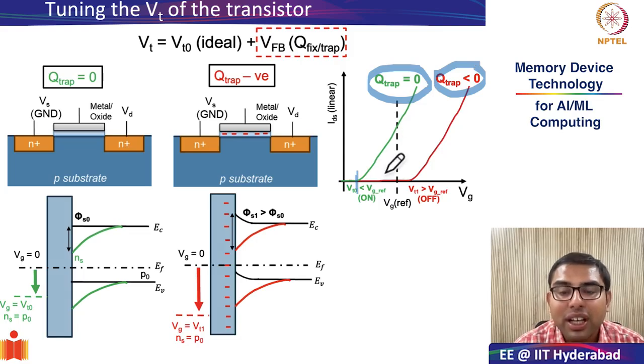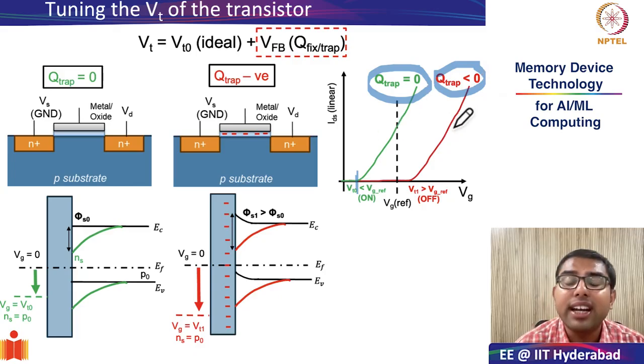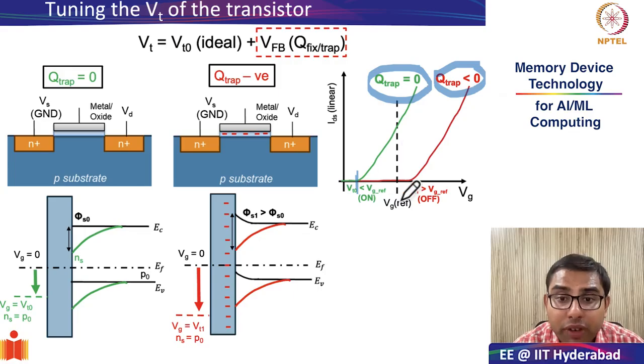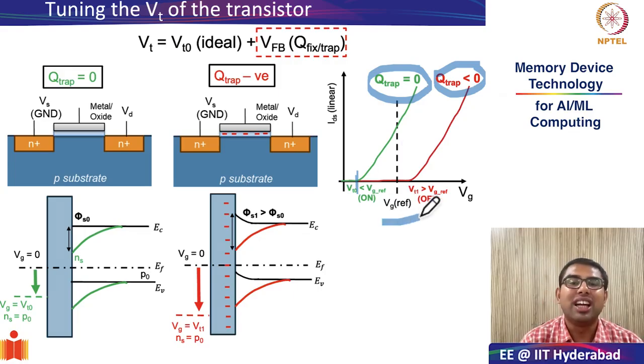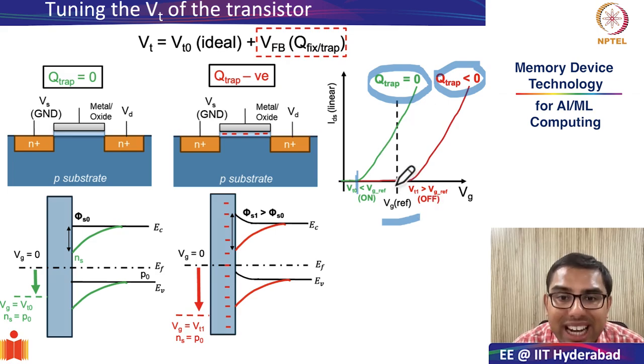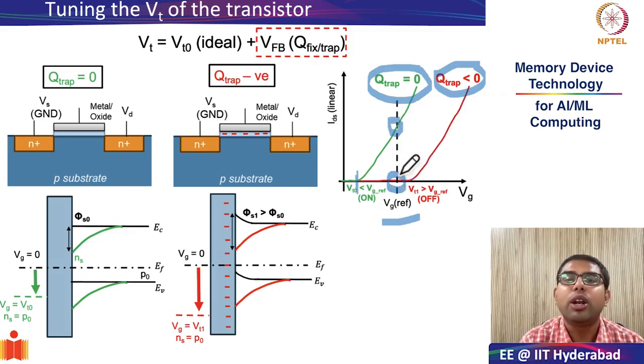And if we have these ideal Qtrap equal to 0 and Qtrap less than 0 cases with significant differences in threshold voltage, we can choose a gate reference voltage where in one case, Qtrap equal to 0, the transistor will be on, and in the other case, negative Qtrap, the channel will be off. So in one case it will be on, the other case will be off.